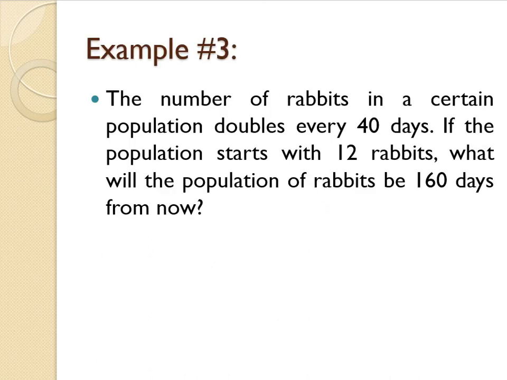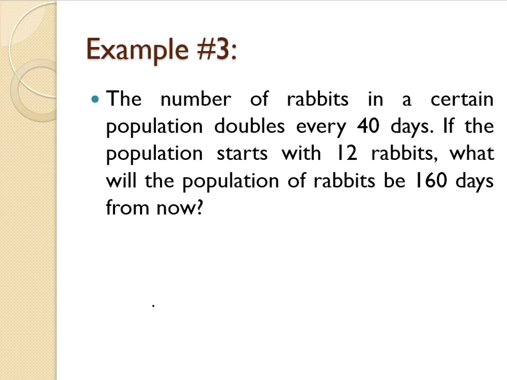For our last example, example number 3: the number of rabbits in a certain population doubles every 40 days. If the population starts with 12 rabbits, what will the population of rabbits be 160 days from now? In this example, we will use the doubling time growth formula.